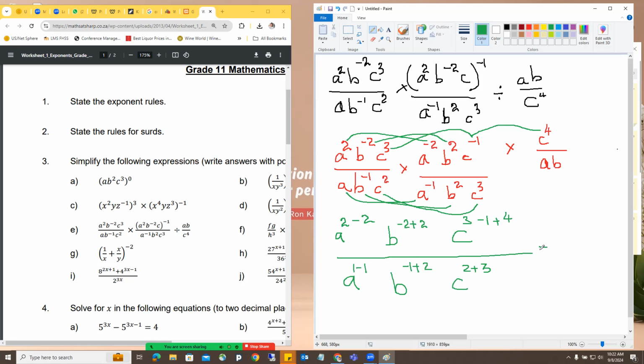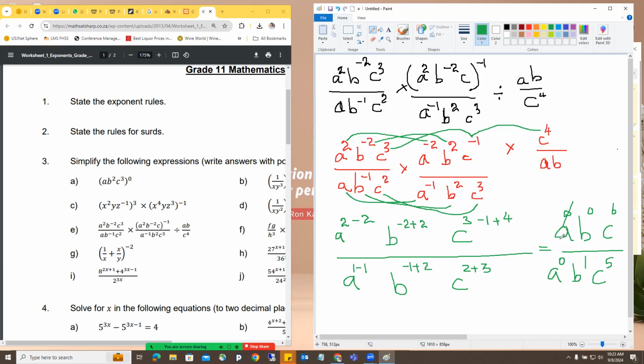So what will happen now? a to the 0, b to the 0, c to the 6, divided by, again as the denominator, a to the 0, b to the 1, c to the 5. Is it clear?